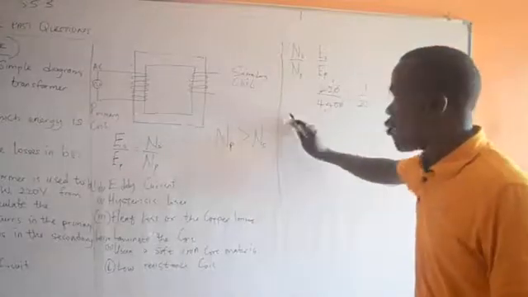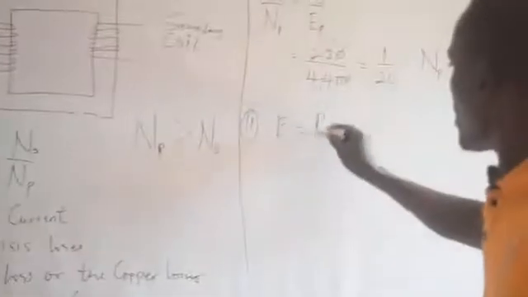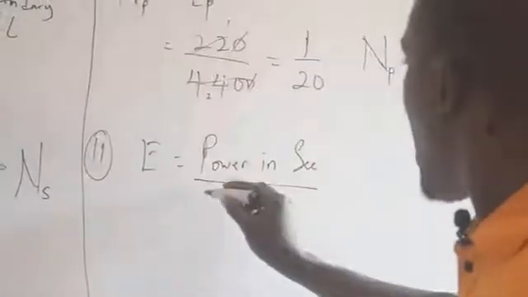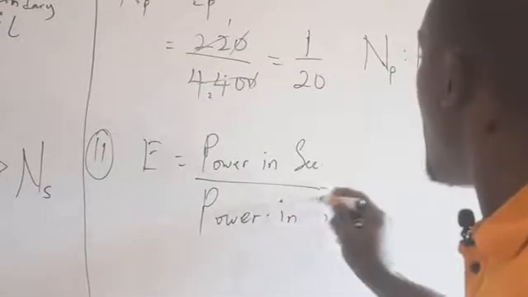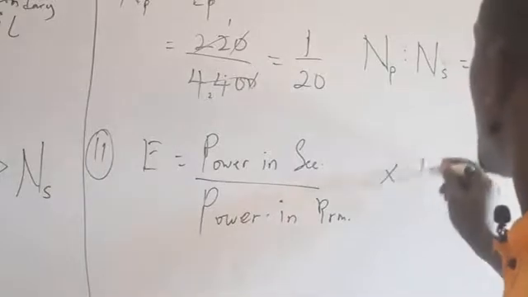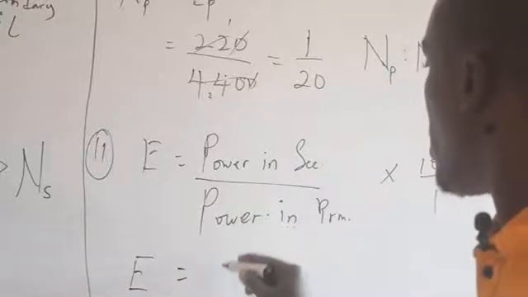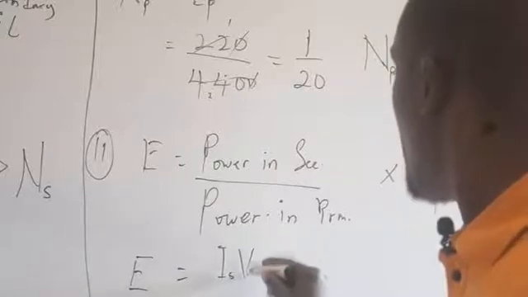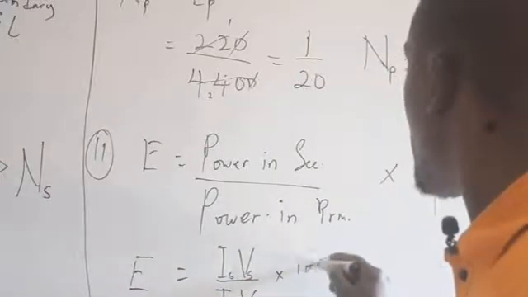We know that the efficiency of a transformer is equal to the power in secondary all over the power in the primary times 100 over 1, which you can still write as current in the secondary multiplied by voltage in the secondary, all over current in the primary multiplied by voltage in the primary, times 100 over 1.